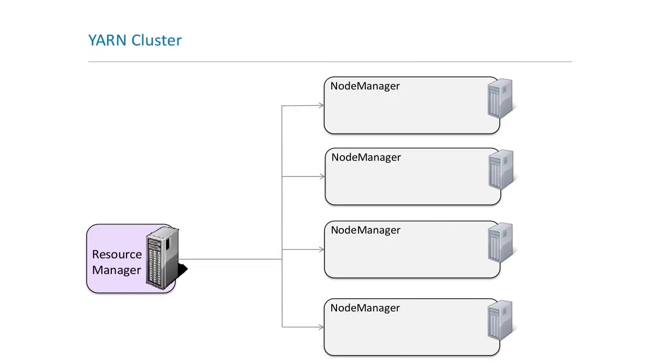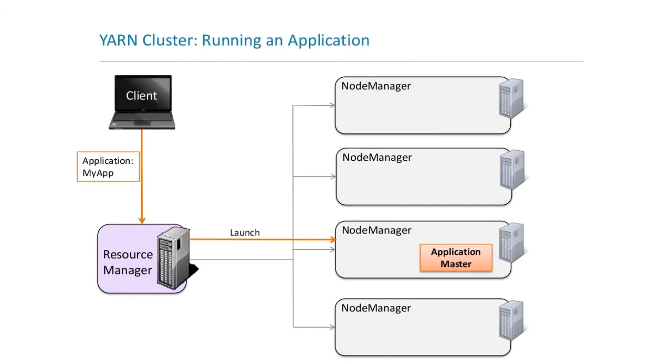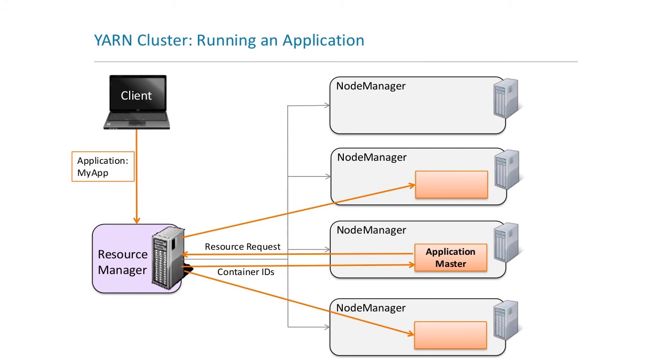So let's start with a Yarn cluster. You have a resource manager and a whole bunch of node managers, and a client comes in and says, I want to run this complicated MapReduce task. The resource manager looks around the cluster and finds a node manager to be the application master. The application master sends a resource request.